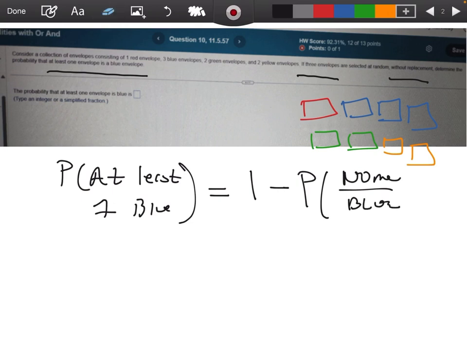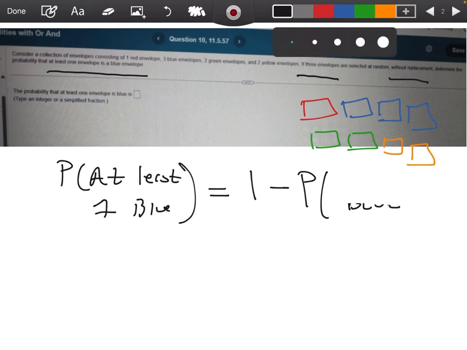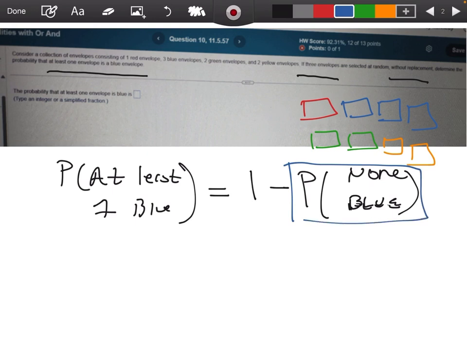So let's see what that would be. None are blue. So what I first want to figure out is what's the probability that none are blue?